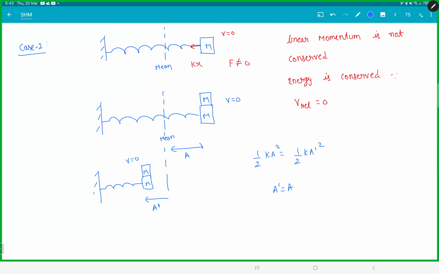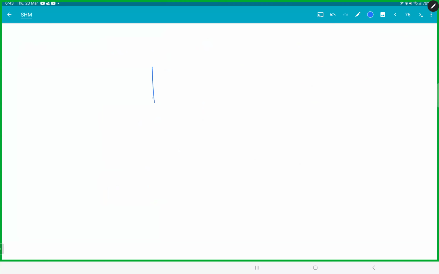All clear? Let's see one more. Any doubts on this? It's a decent one. Just to give an idea, suppose the block is stuck at x is equal to a by 2, then what would you have done? Just tell me the steps.